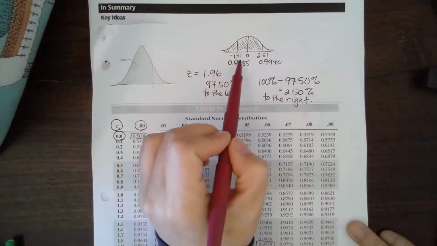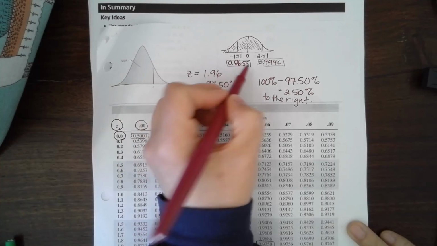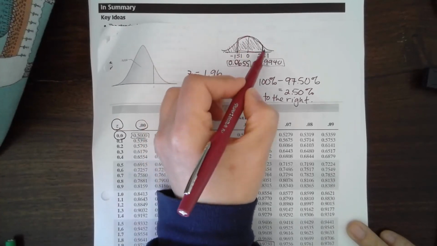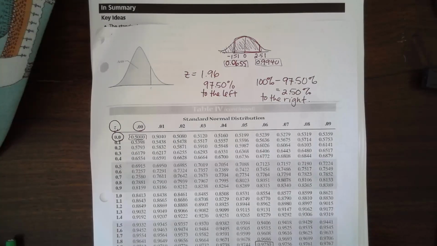So how much is in between? Well, if you take this number and subtract this number, that'll tell you how much is in that part there. Okay, this looks much more complicated than it is. It's just something you need to try, and maybe come back and watch the video again or ask me questions about. Okay, good luck, guys.